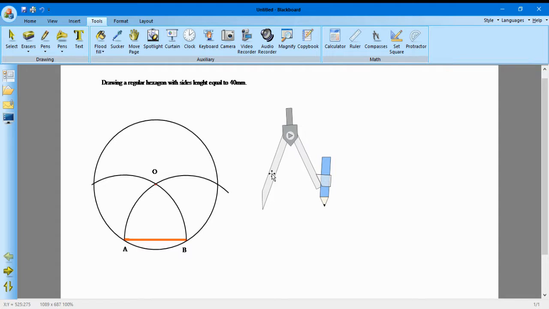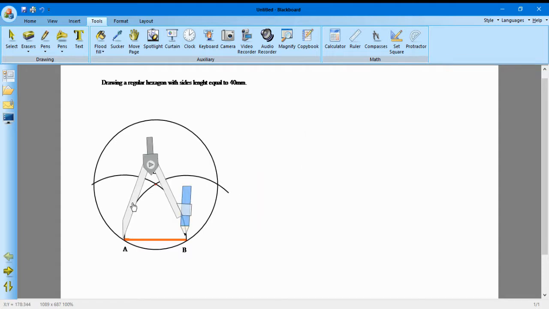Alright, so using my compass and the distance from A to B, which I have here, this way, I will move my compass to this arc right here.